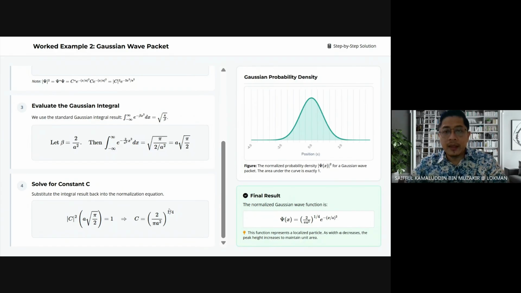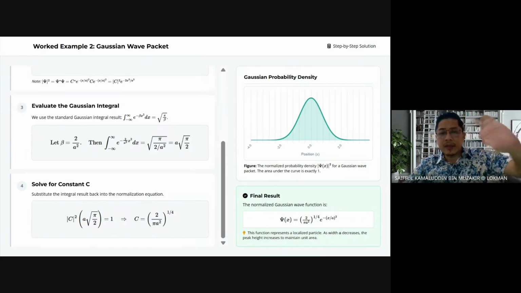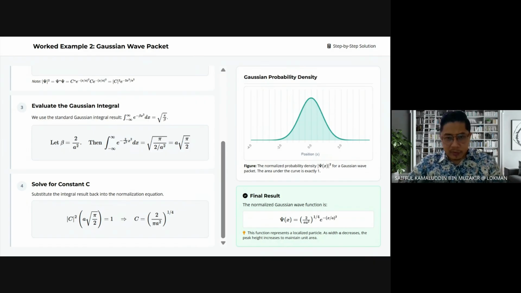After the computer has calculated these equations behind the screen, this looks complicated, but the key physics is that c scales as 1 over the square root of a. So why do Gaussians need smaller amplitudes to keep the total probability normalized to 1? Gaussian packets are extremely important because they minimize the uncertainty principle.